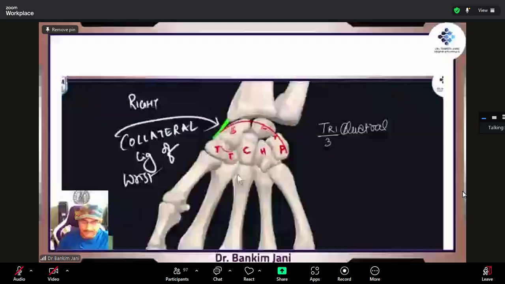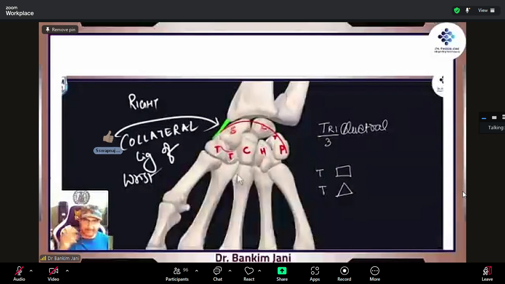And then the pisiform. And what about this T and this T? Trapezium and trapezoid, right? Because they are like quad and the pyramid shape. Capitate and the hamate. What is this? Hook of hamate. Hook of hamate.